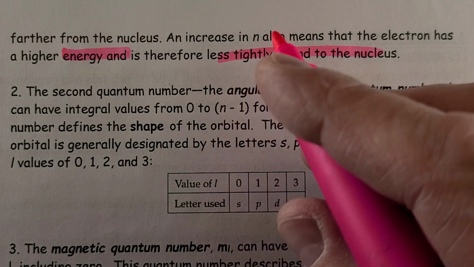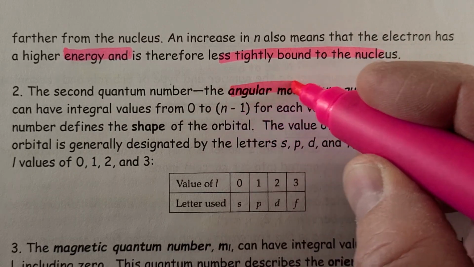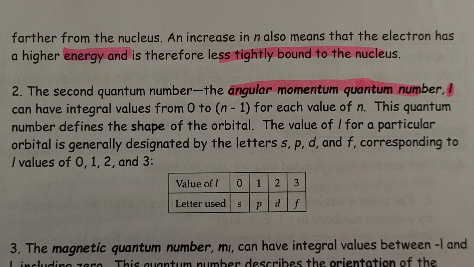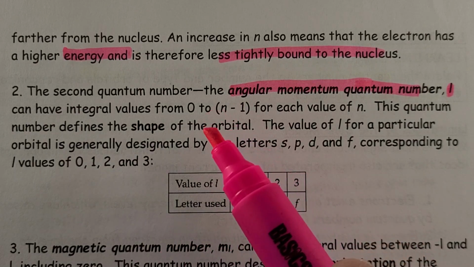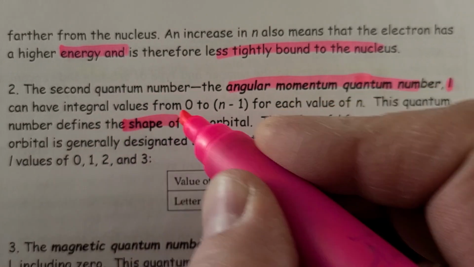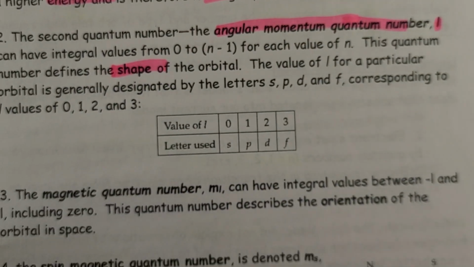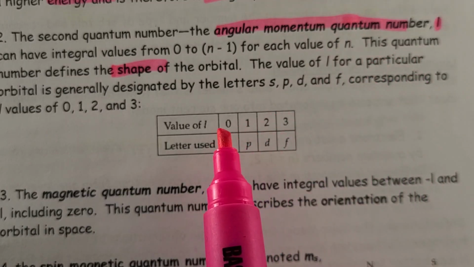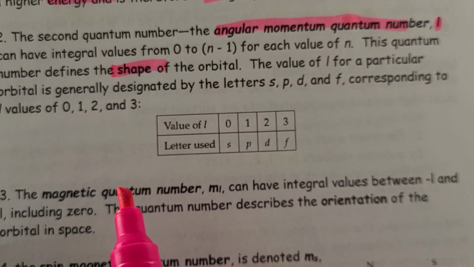The second quantum number is the angular momentum quantum number, l, and it can have values of 0 to whatever n is, subtract 1. And it defines the shape. The lowest value that l can have is 0, and it increases.